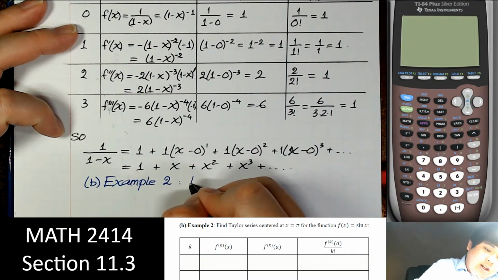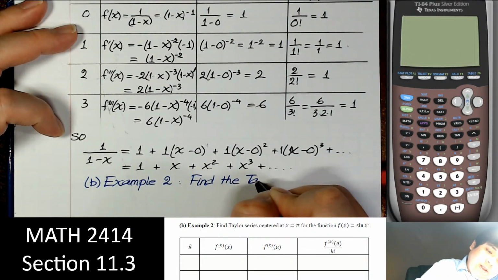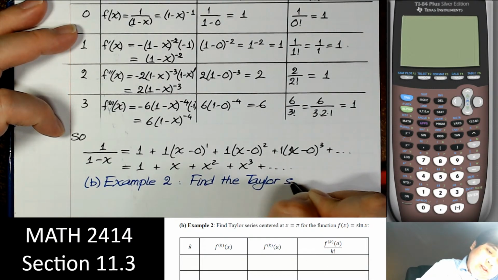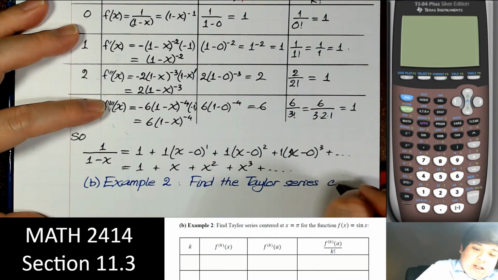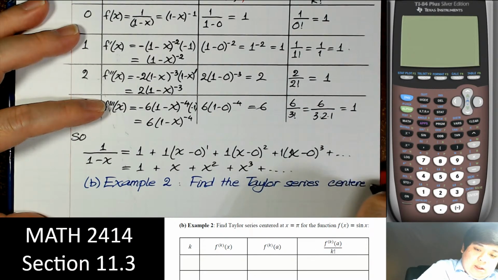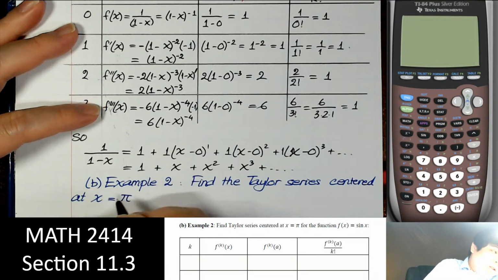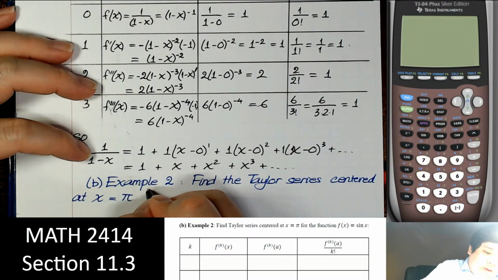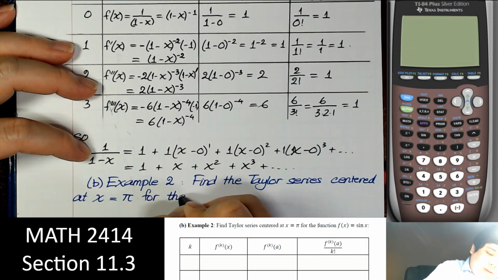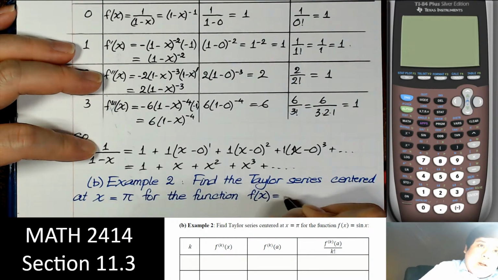Right, find the Taylor series centered at x equal to pi for the function f of x equal to sin x.